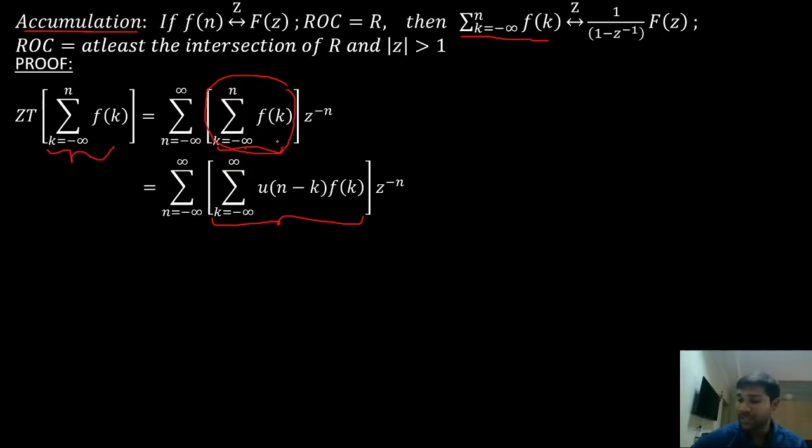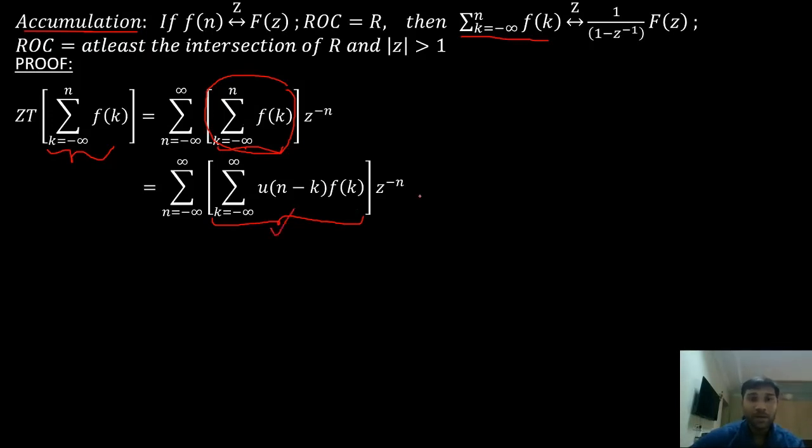We have already discussed this in DTFT, and a similar method in the continuous time Fourier transform. There, instead of summation, we had integration. The same method we are using here, and we are writing this term as this term.